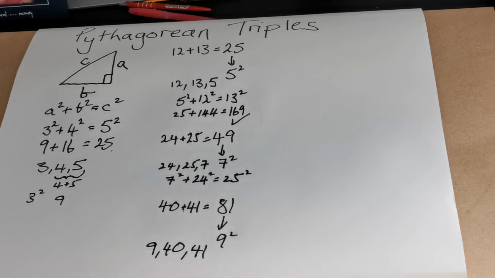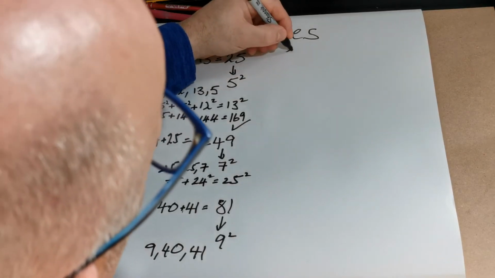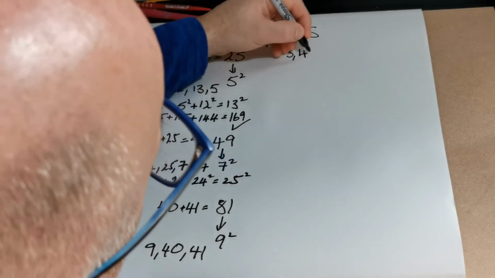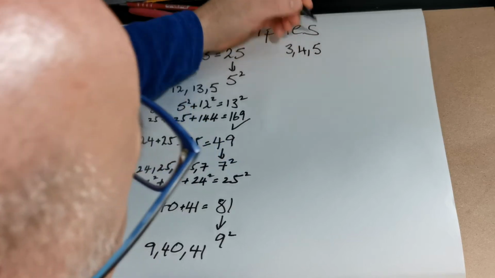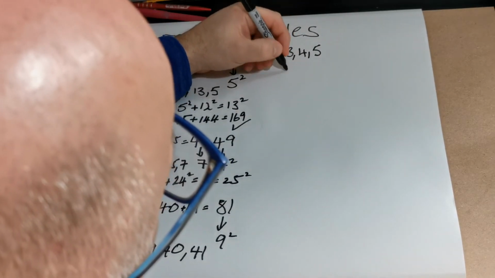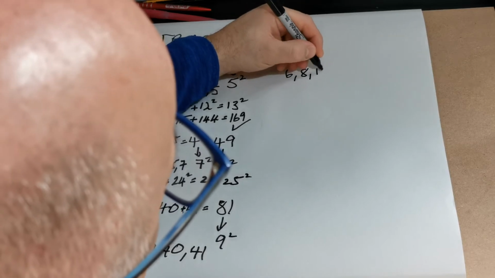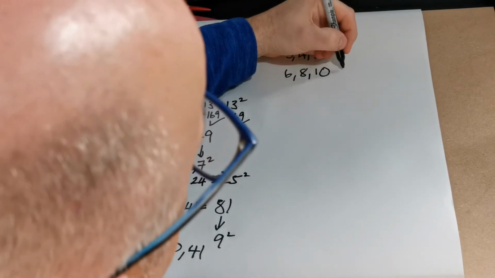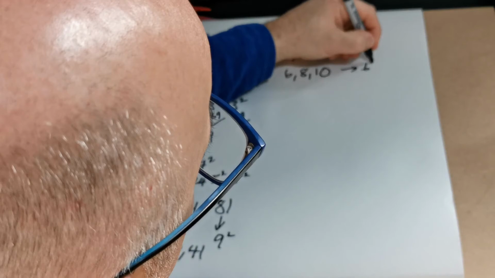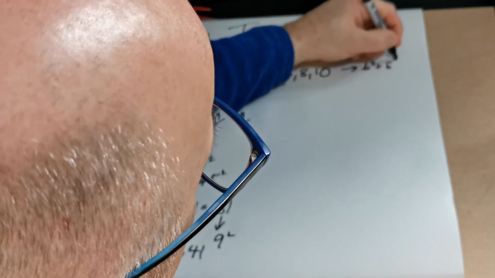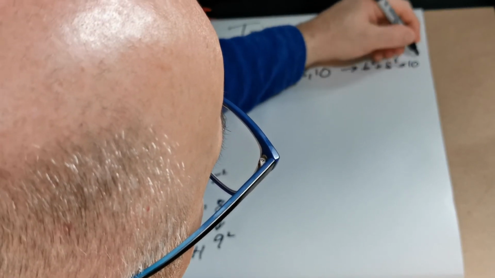Now, in order to create some more, we can start to multiply these. So if we've got 3, 4, 5, if I double all those numbers and get 6, 8, 10, is that a Pythagorean triple? Does 6 squared plus 8 squared equal 10 squared?